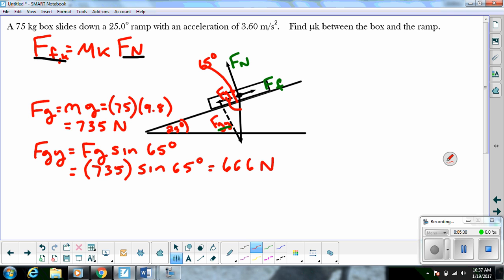Does not mean force of gravity in the y direction is evil. Now we recognize that that is going to be the vector that counteracts the normal force. So I've already got one piece of my equation. I know my normal force is 666 newtons, which is going to be this value right here.